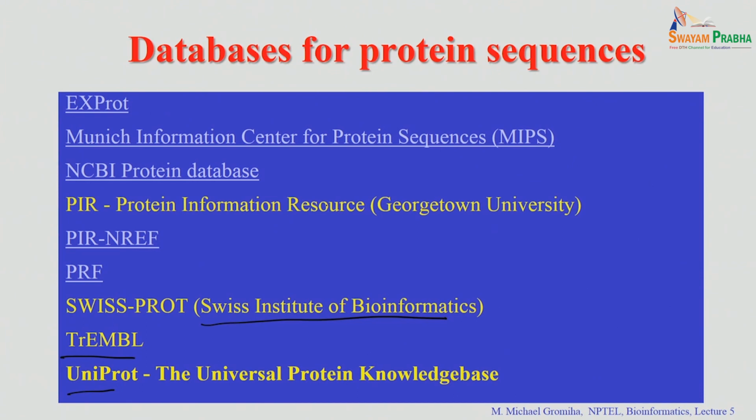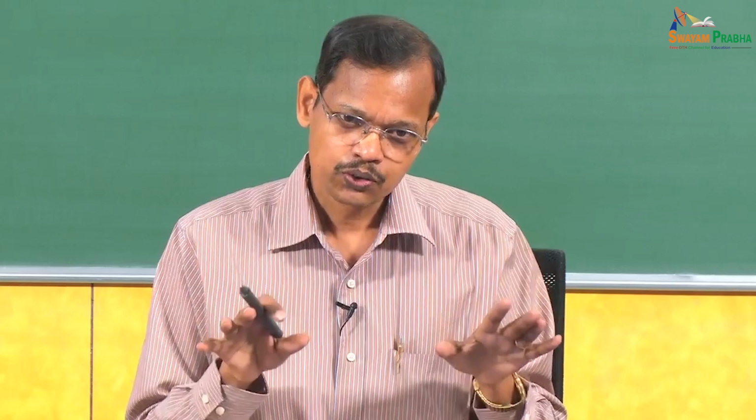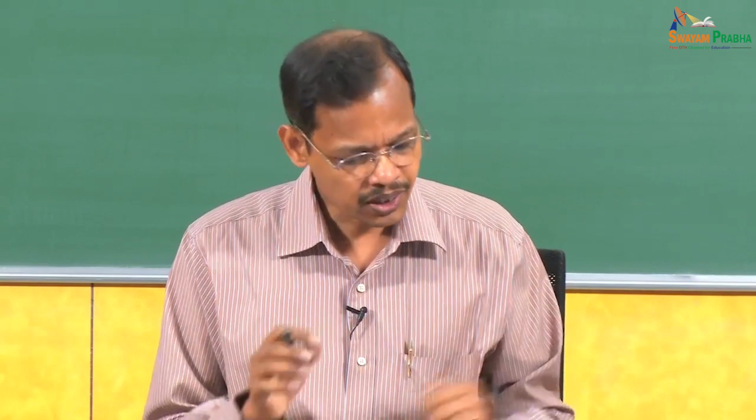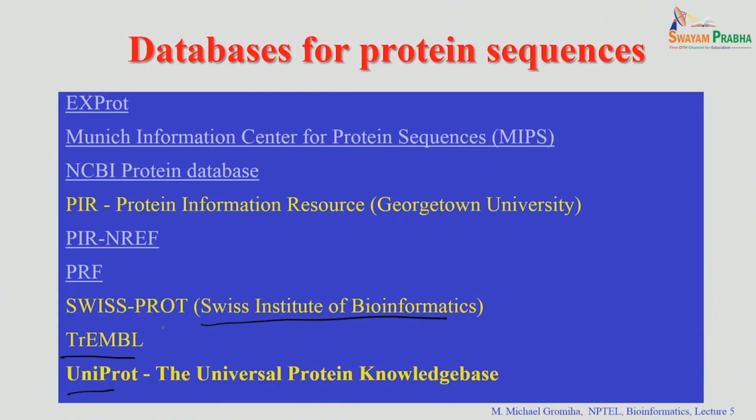Although these two major databases, PIR and SwissProt, merged to share protein sequence information, the tools are developed and maintained by the groups themselves. So, you can get the sequences from UniProt, but if you want to use any of these tools, you can use SwissProt or PIR. They have different specific tools to analyze these protein sequences.